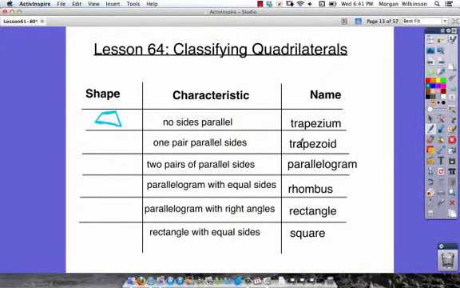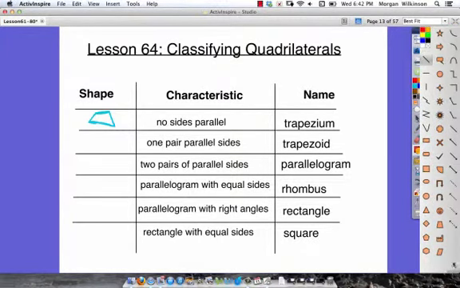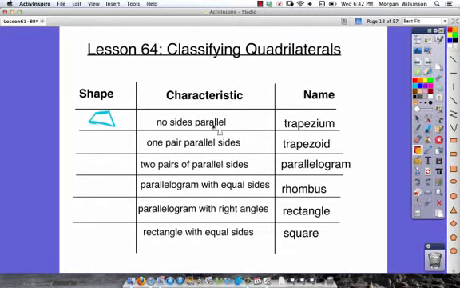Now, next one is a trapezoid. That's one pair of parallel sides. We've got a trapezoid tool. See if you can see it over here on the right. Here's our trapezoid. We have one pair of parallel sides. So if we draw it out, it's going to look something like that. We're going to change that color so it's red.